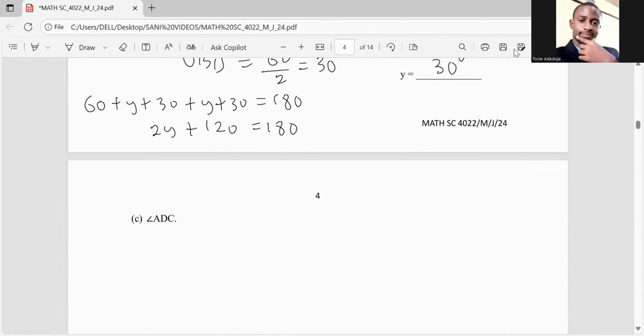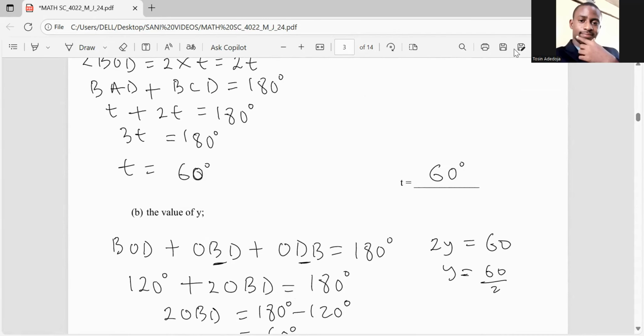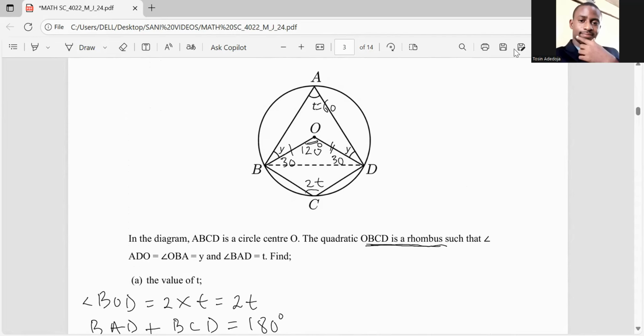The third question says, find angle ADC. The whole of this angle here is angle ADC. Now, since this is a rhombus, one of the properties of a rhombus is that the diagonal bisects the angle. So if this is 30, this angle here will also be 30.